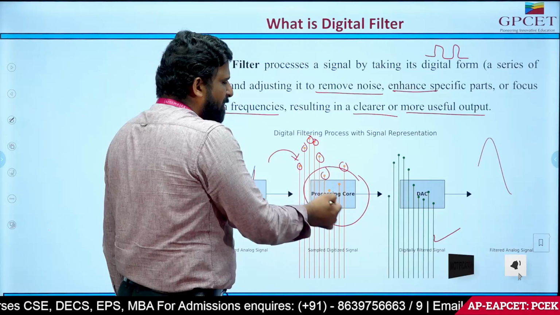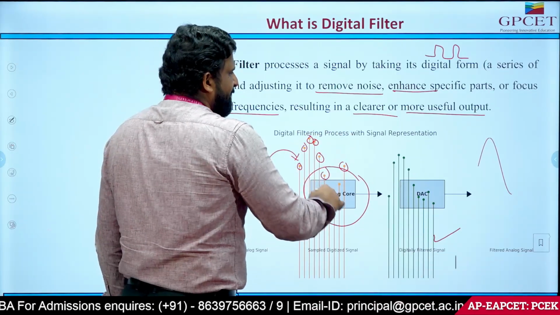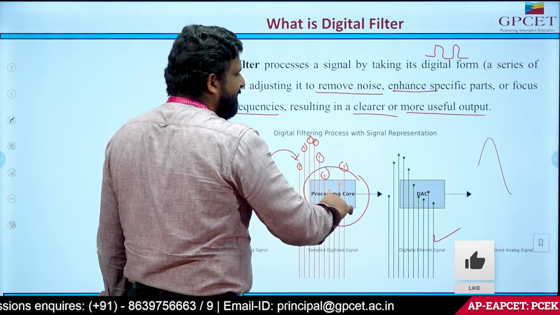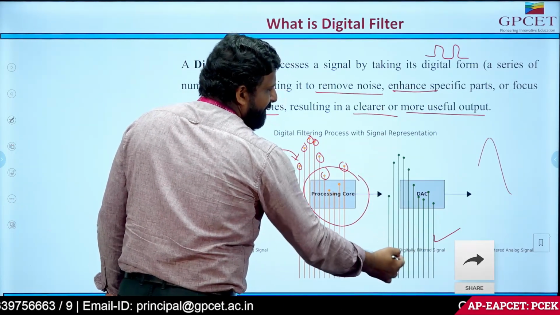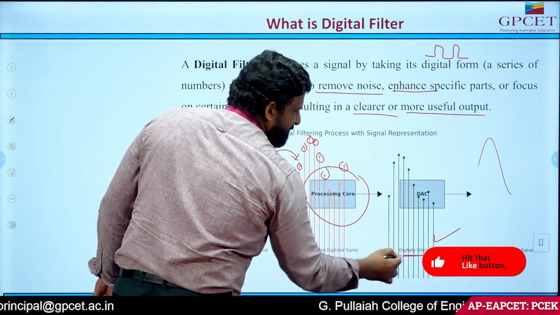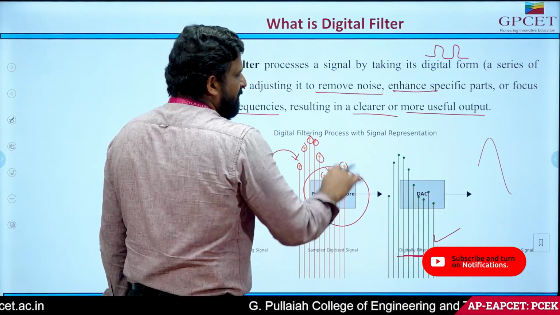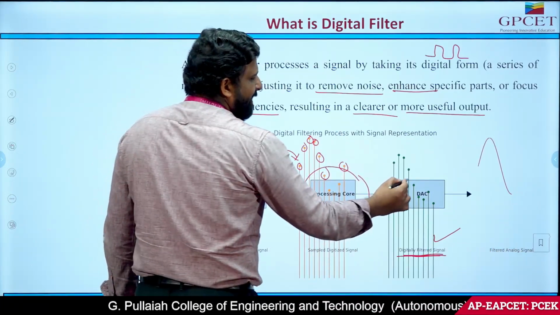With the help of this processing core, this digital filtering process, the signal will be filtered, and the green signal, the digitally filtered signal, is where the affected noise has been removed, and finally it is given to the DAC.